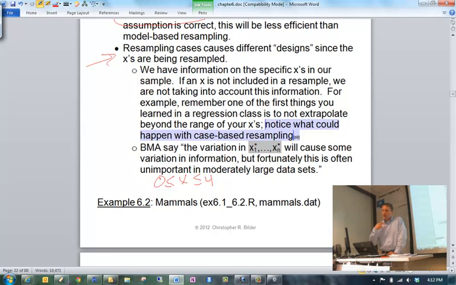Well, since I'm resampling X, Y pairs, I could get, in a particular resample, something like this, where my X stars are no longer within the original range of my X's. And where that could potentially hurt you is, if I was finding a confidence interval for the expected value of Y, let's say at X equals 4, well, guess what? Some of my resamples don't go all the way to 4.